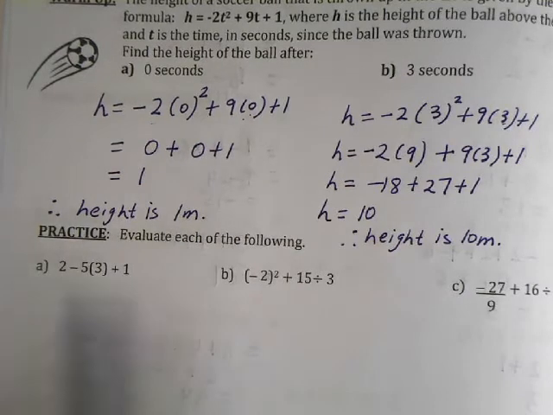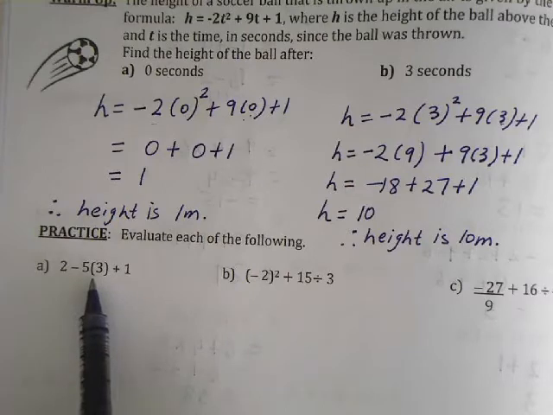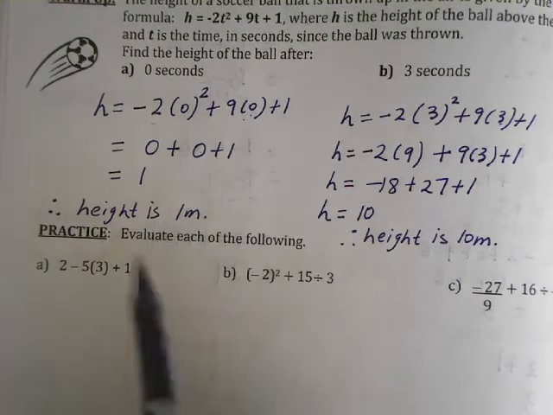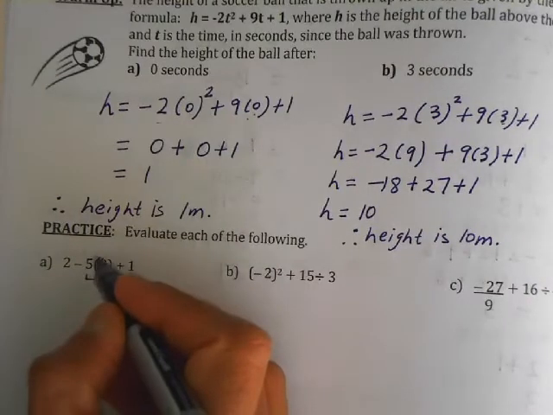Now we're going to practice these questions. So we have 2 minus 5. When you have two numbers beside each other with brackets, what does that mean? What do you do to these numbers? You open up the bracket and make it multiplication. That's right.